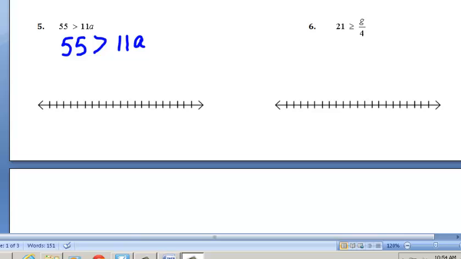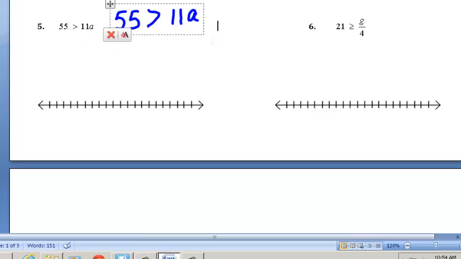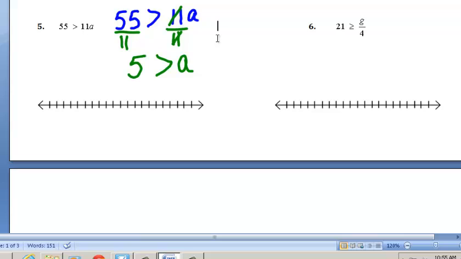I undo the 11a by dividing with 11 on both sides. So I am left with a, that's the greater than symbol. 55 divided by 11 is 5. So 5 is greater than a.